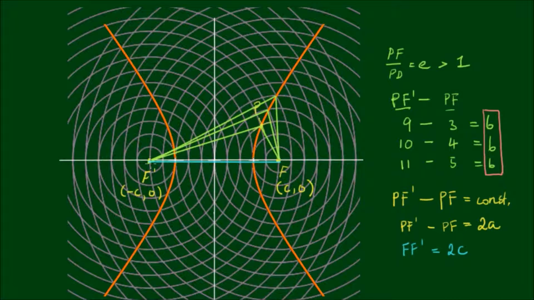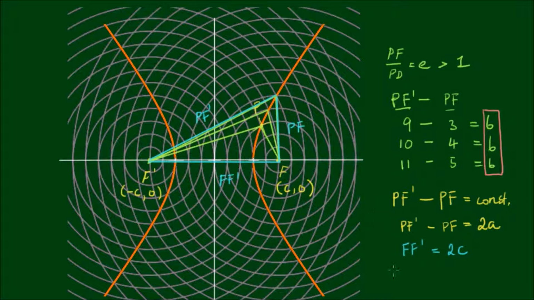And now note that we have a triangle here. So the triangle has the sides FF prime, PF, and PF prime. And you may have learned previously about the triangle inequality, which simply states that the length of one side of the triangle, any side, is less than the lengths of the two other sides added together.